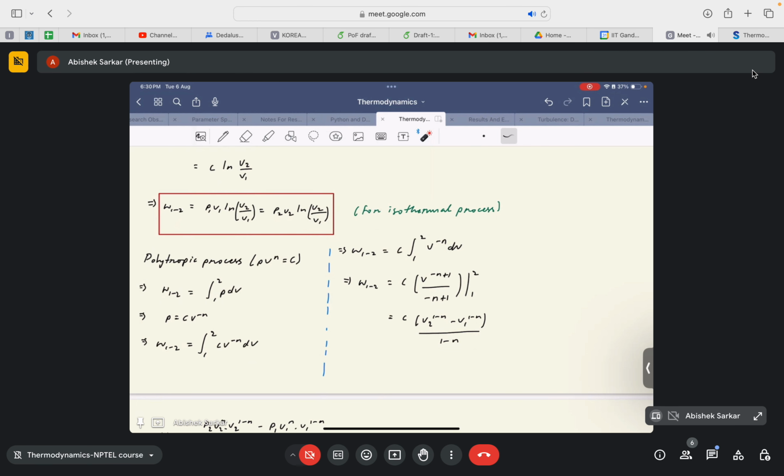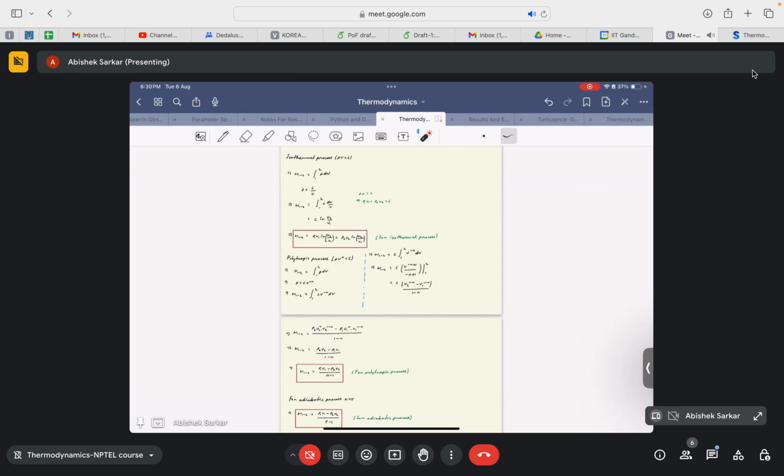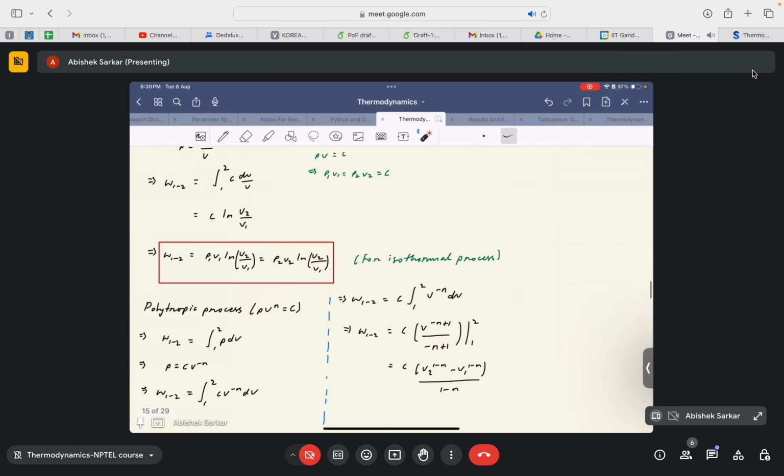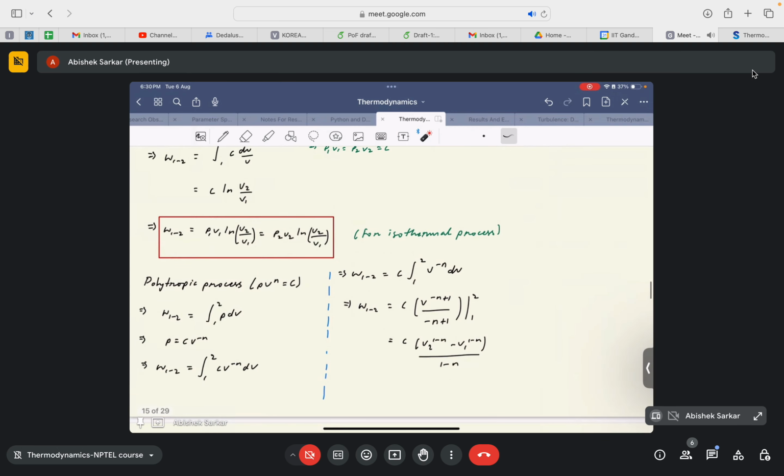Since C is a constant, C can come out, so C times the integral of V to the power minus n dV from point 1 to point 2. If we evaluate this integral, we'll get work done from 1 to 2 as C times V2 to the power 1 minus n minus V1 to the power 1 minus n, divided by 1 minus n.